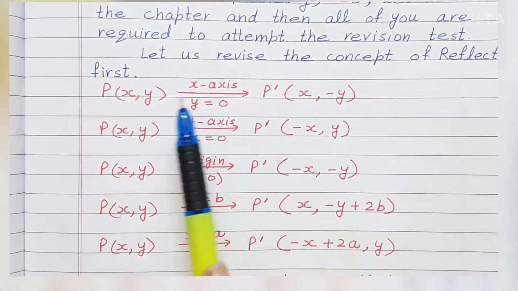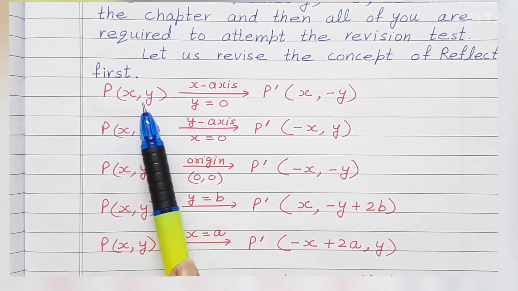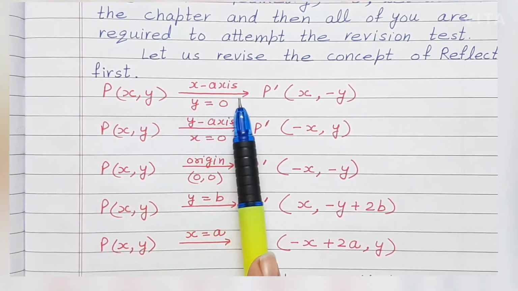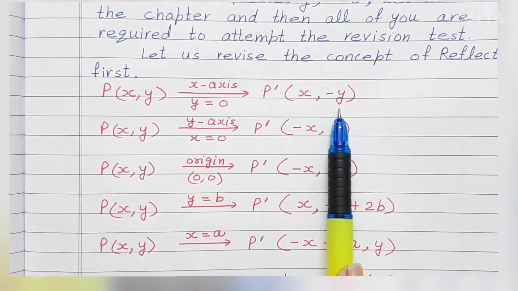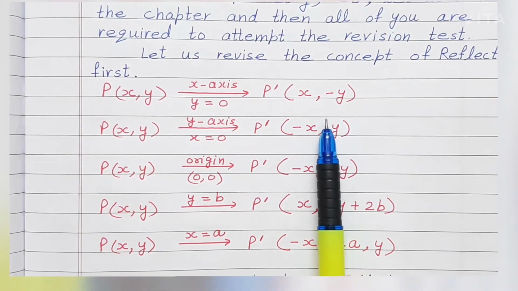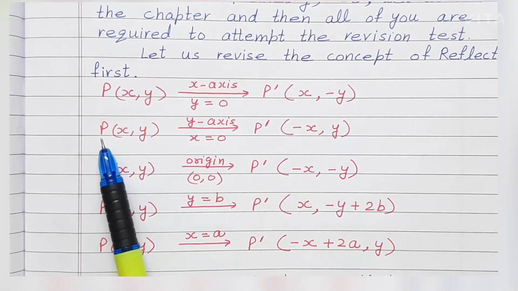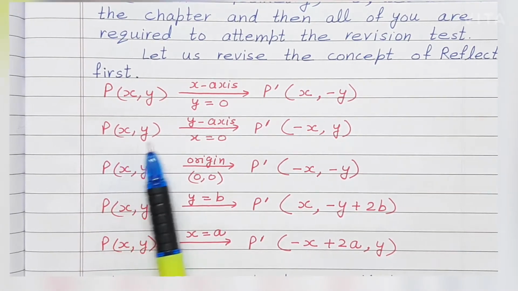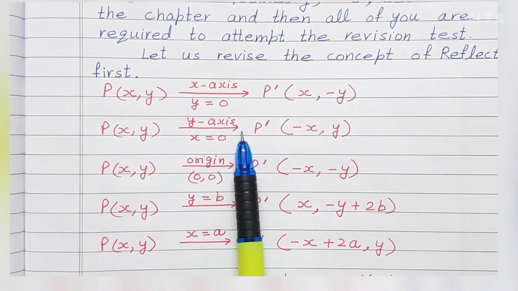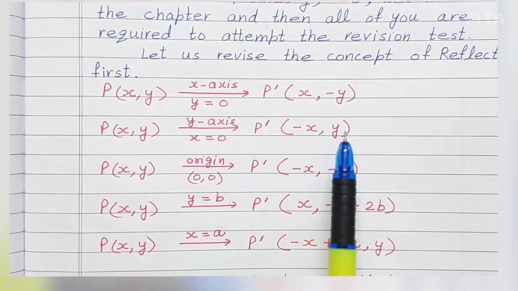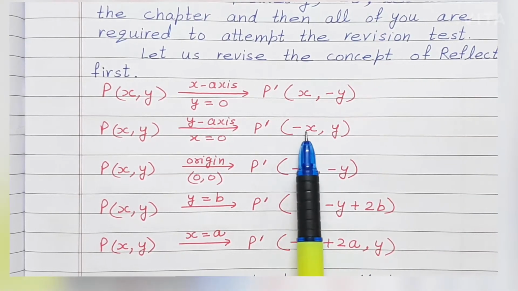This means whenever you reflect any coordinate along x-axis, the sign of y will get changed. Clear? And when you reflect any coordinate along y-axis, that is x equal to 0, y will remain same, the sign of x will get changed. I hope it is clear to you.